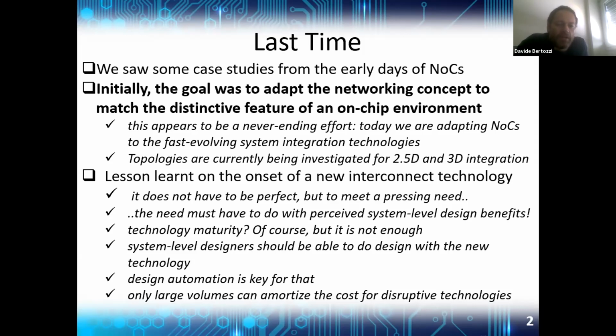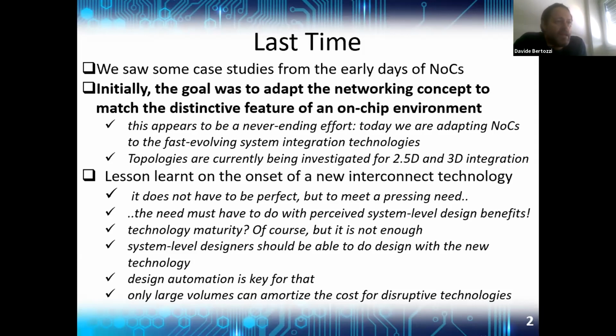It had some pros and cons, but because it was meeting a pressing need, and the need had to do with the system level design. It was bringing a benefit to the system level designer, for instance, reduced energy for executing specific workloads, although the interconnection network was actually consuming more power.